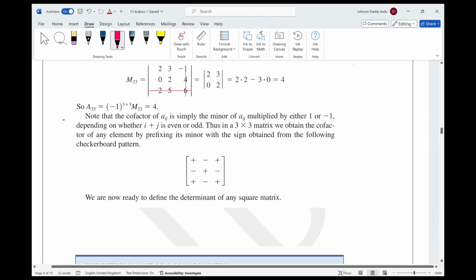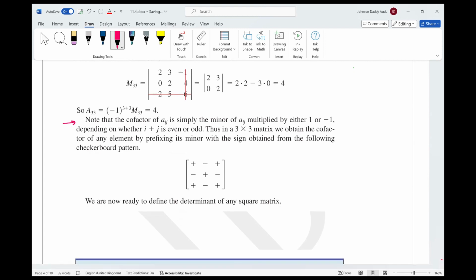So a note here. It says, note that a cofactor Aij is simply the minor Mij multiplied by either 1 or minus 1, depending on whether i plus j is even or odd. So it means if you have a 3 by 3 matrix, we can obtain the cofactor of any element by prefixing its minor with the sign obtained from the following checkerboard pattern.